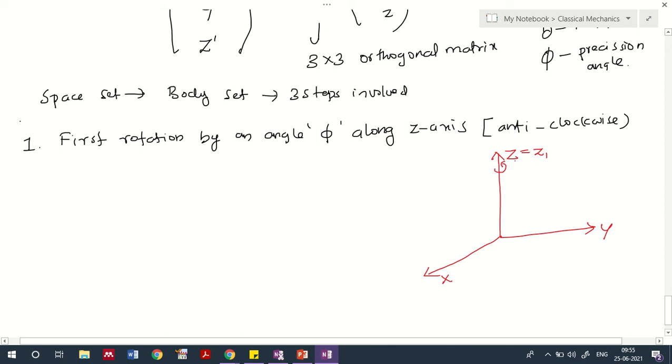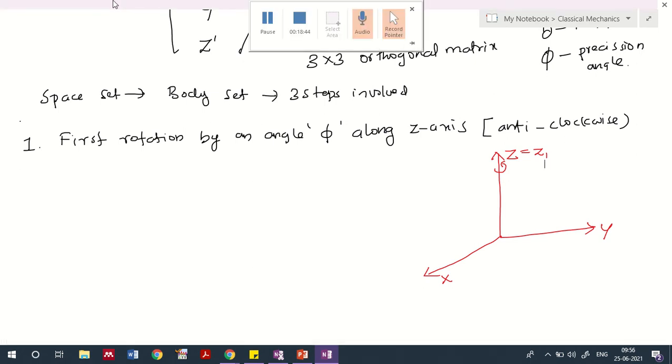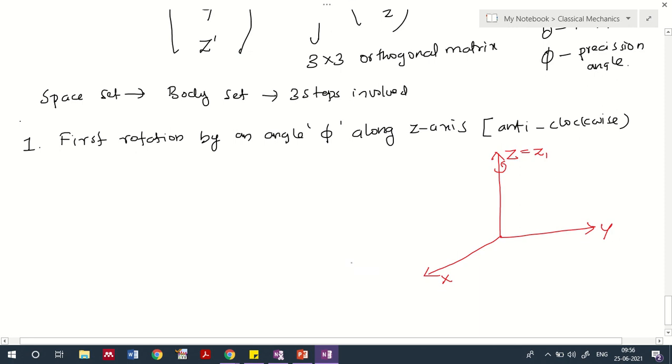In the first condition, when you have a precession along the z axis, and the angle changes along the z axis in the anti-clockwise direction, z will be the same, but there will be a change corresponding to phi for the x axis. x dash I better represent as x1, because this is our first rotation.